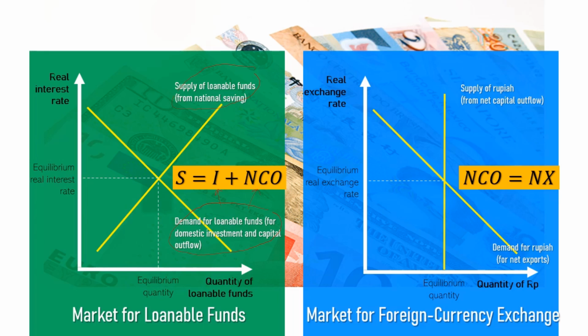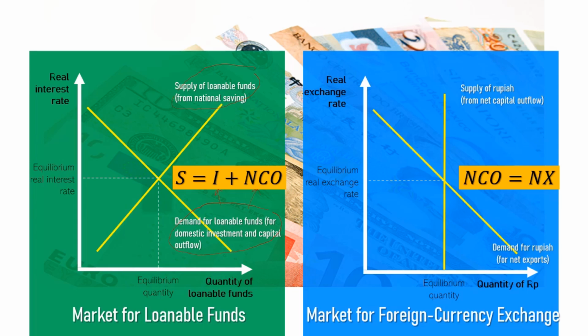The story, however, doesn't end here. In an open economy, high domestic real interest rate may attract foreign savers to purchase assets in domestic economy. But be careful. The capital inflow here is not interpreted as the addition to the supply of loanable funds since it's not part of the national saving. Hence, supply curve will not be affected.